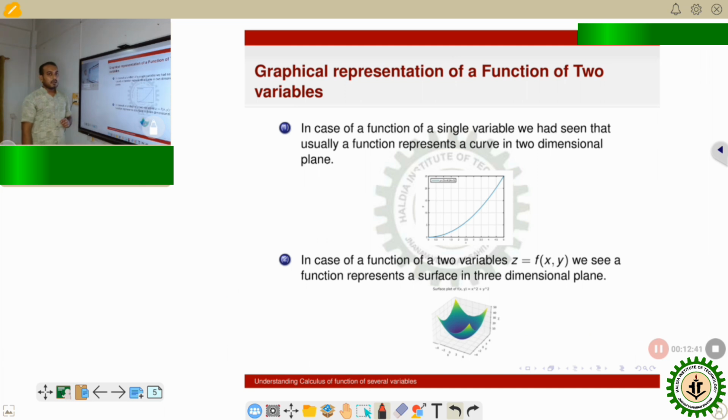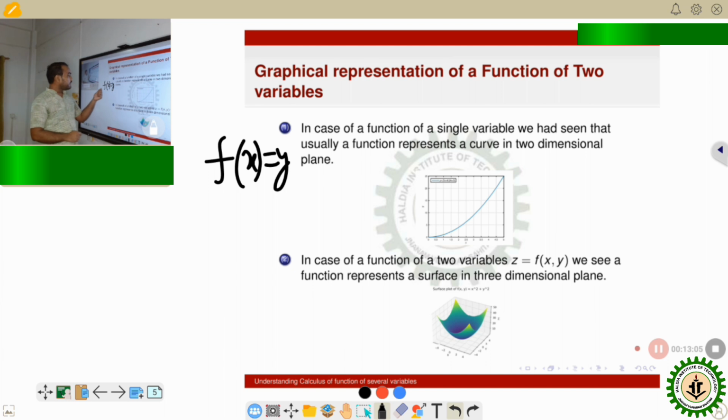Next we want to know how the graphical representation of functions of several variables exists. First we need to understand the graphical representation of functions of two variables. Suppose we write a function like this, y equal to f of x. What does this mean?